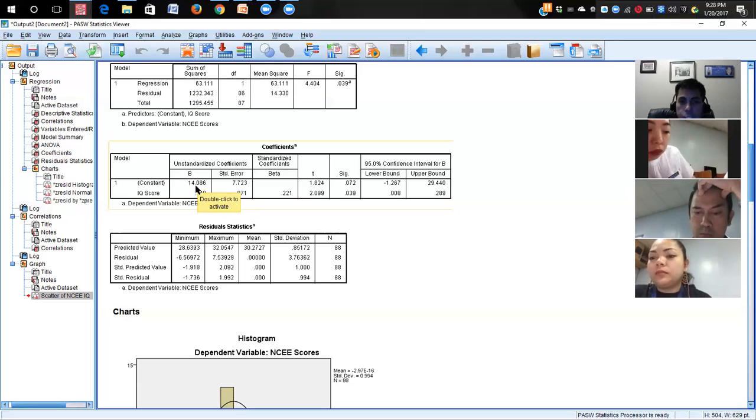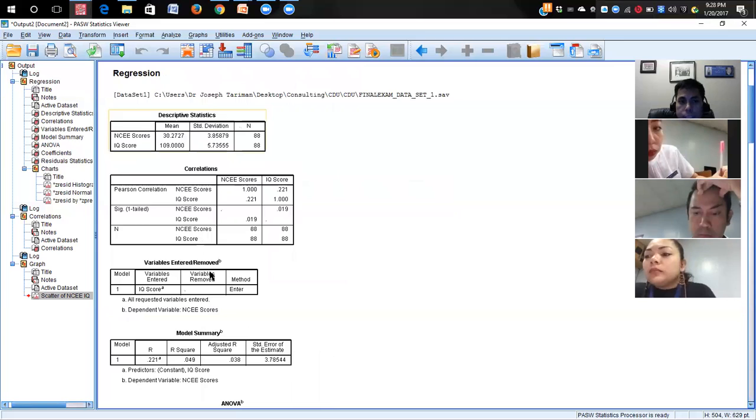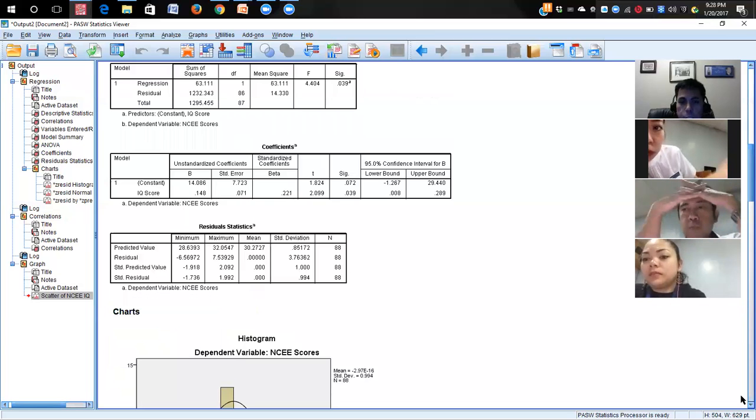So when the IQ is zero, you know that the NCEE score is set at 14. And in a model where the mean score of the NCEE was 30.27, and again, that's the model summary here. Okay, so that's very important to really look at.